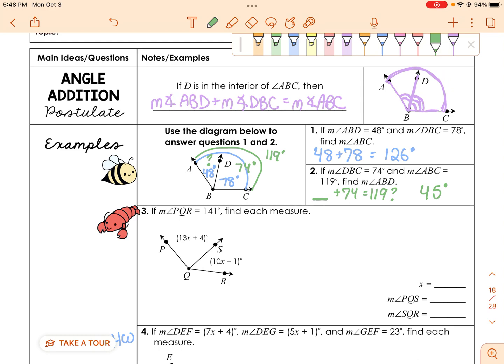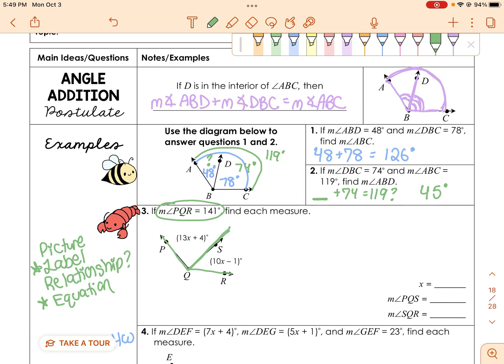Okay, now the next one, we don't have actual numbers, but we do have the expressions. So PQS is 13x plus 4. RQS is 10x minus 1. Don't forget to read and label this, right? So you always want to have a picture. Label the picture, the most important step. Then you're looking for what's the relationship.